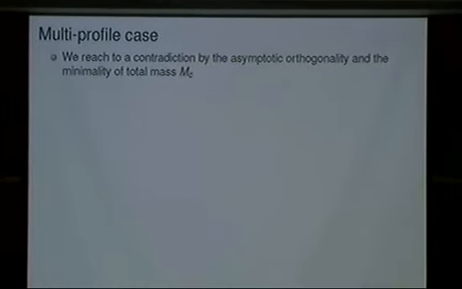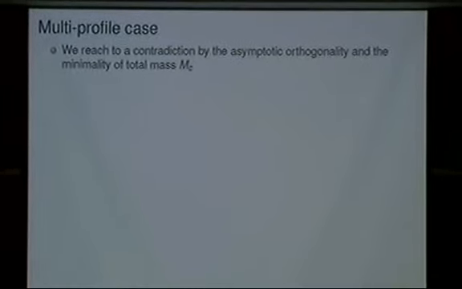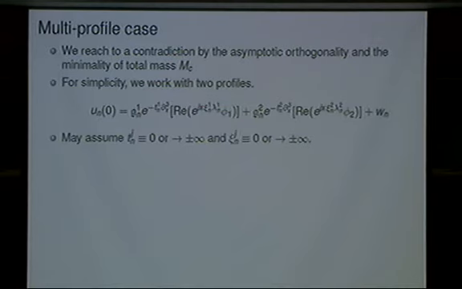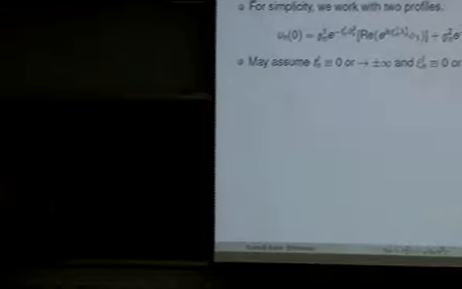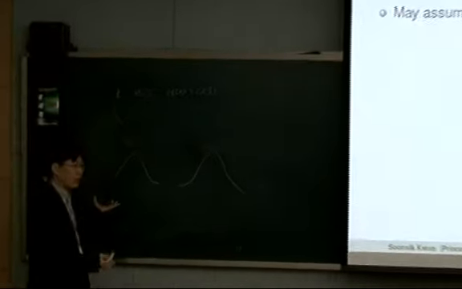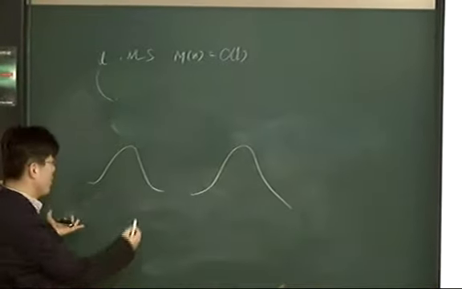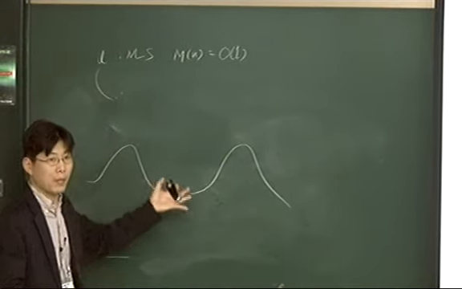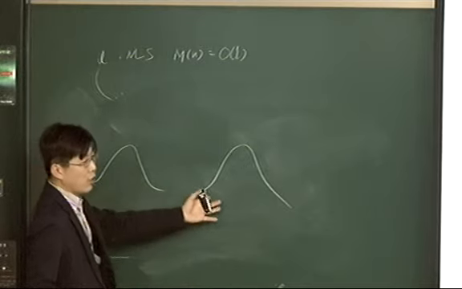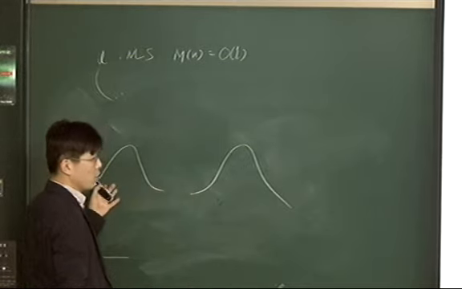So actually, it contradicts the minimality of the critical mass. If we have a multi-profile, like a 2-profile, this is like a linear solution, but they don't have any interaction, by the asymptotic orthogonality. The sum of the 2 is a linear solution, but if they don't have any interaction, then both are approximate solutions in themselves.